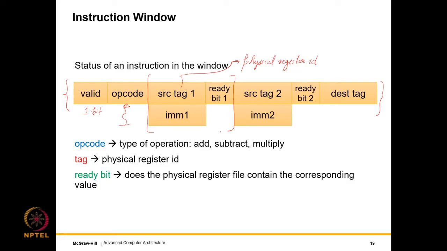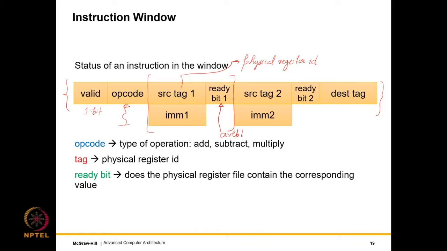And this is the ready bit. The available bit that we read in the rename table is definitely related to it. If the operand is an immediate, the ready bit is 1. Otherwise, the ready bit is the same as the available bit of the rename table.